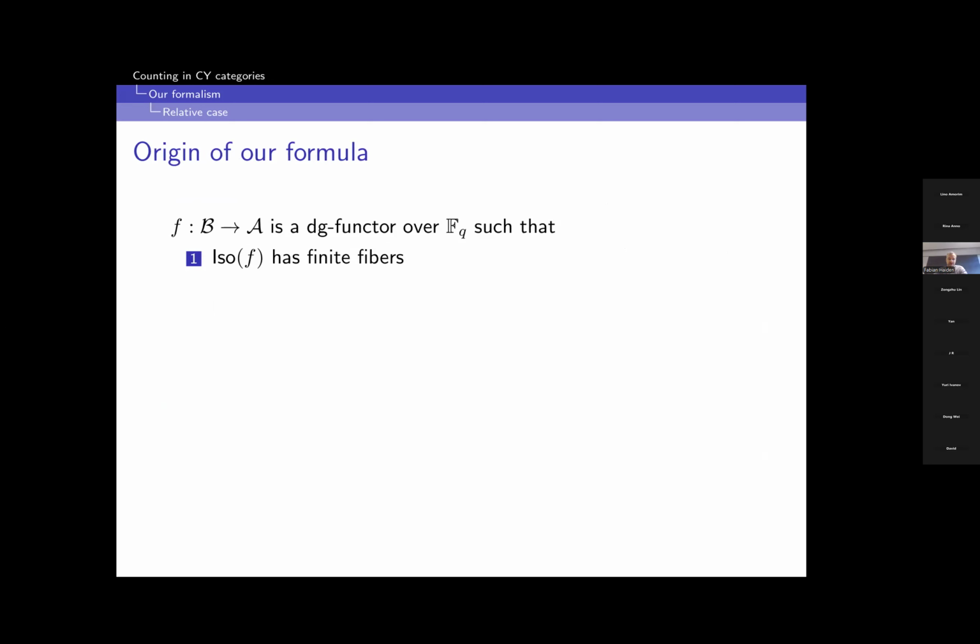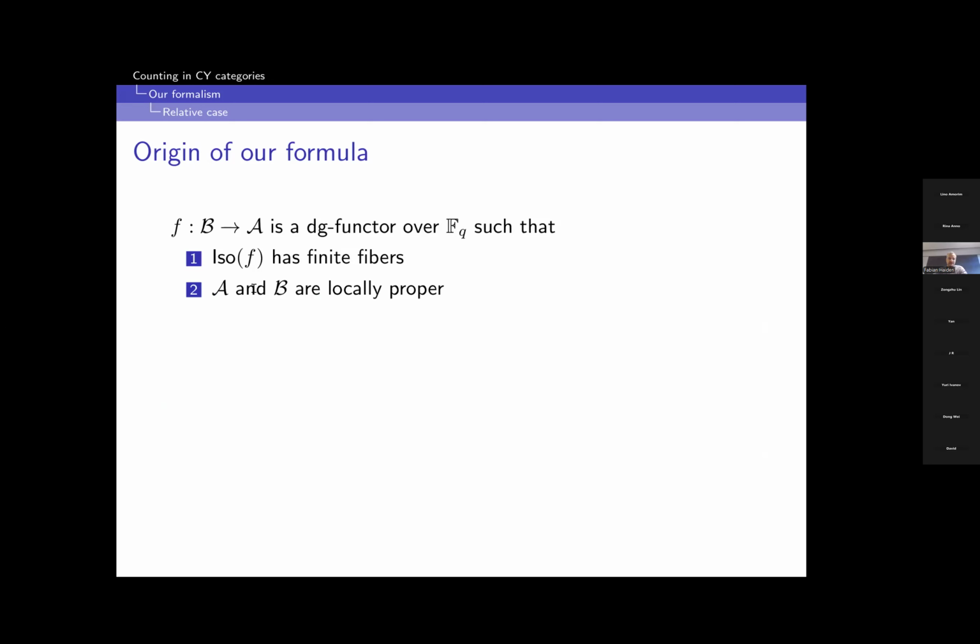Now, what I did before, this kind of trick where I rewrote the homotopy cardinality in some way that makes sense for more general categories, which are only degree-wise finite, you can do the same trick in this relative case. So assume that you have a DG functor over some finite field, DG categories over F_q.